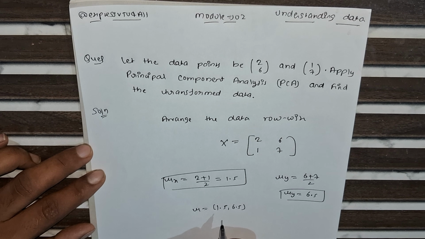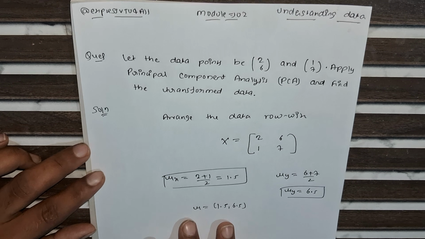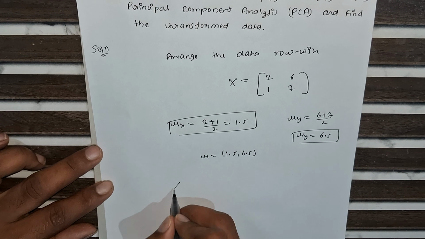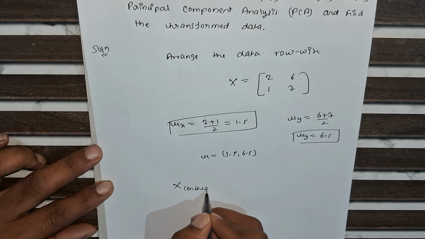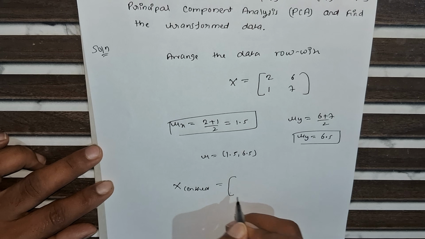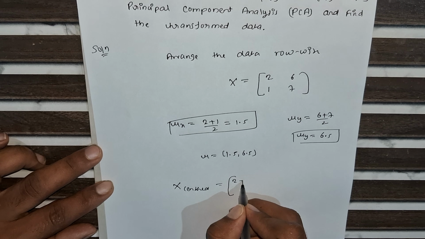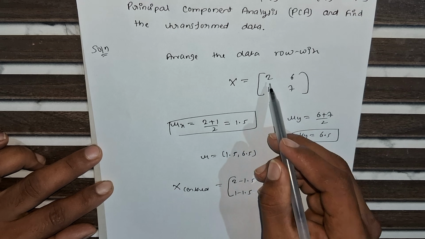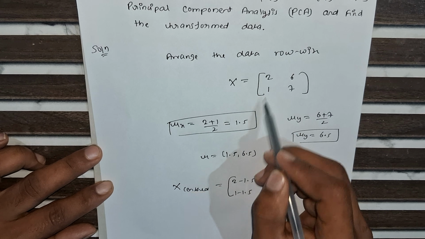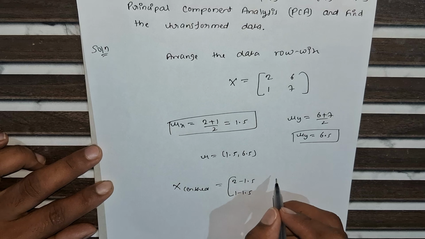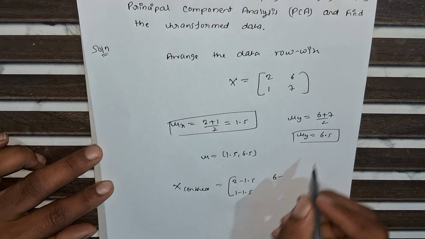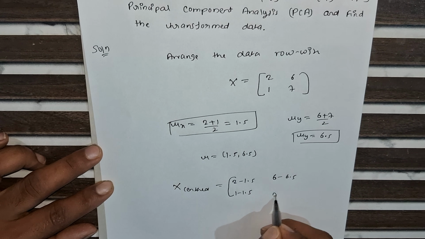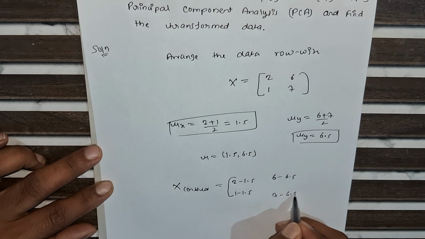So now what is our third step, which is center the data. How do we center the data? Means subtract the mean from each column. So X center is 2 minus 1.5, 1 minus 1.5, means subtract 1.5 from 2 and 1.5 from 1, like that, 6 minus 6.5 and 7 minus 6.5.